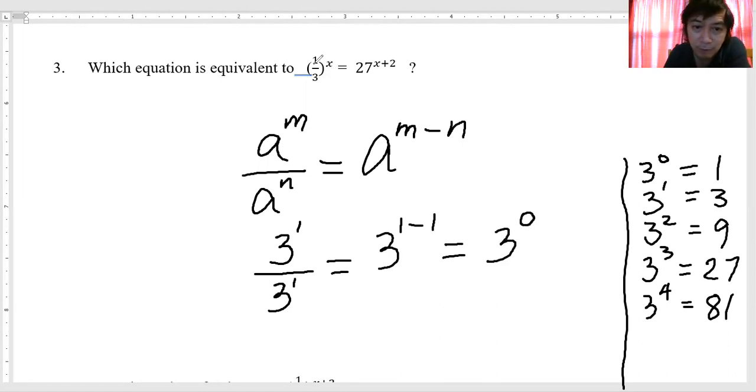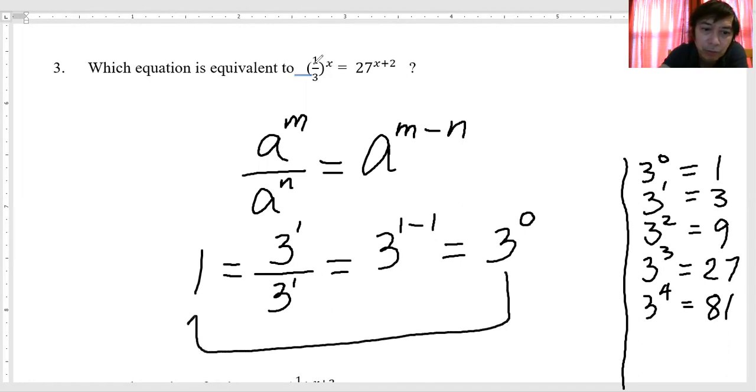Now, any number divided by itself is 1. So 3 divided by 3, that's 1. That's why we have 3 to the 0 equal to 1. So that explains why 3 to the 0 is equal to 1.